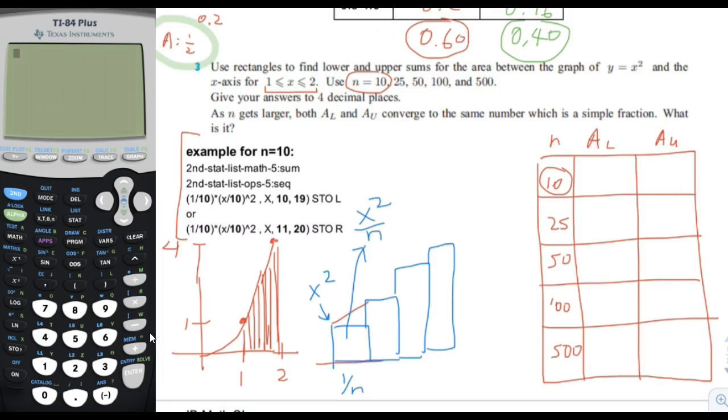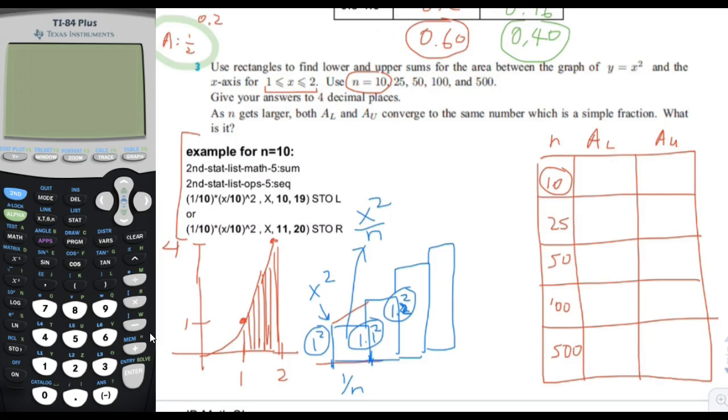Now, what's x going to be equal to? Well, for the first rectangle, it's going to be 1 squared. For the second rectangle, if this is 1, this is going to be 1.1, so it's going to be 1.1 squared. And the next rectangle is going to be 1.2 squared, etc. The way the calculator generates the 1, 1.1, and 1.2 is with whole number counters.